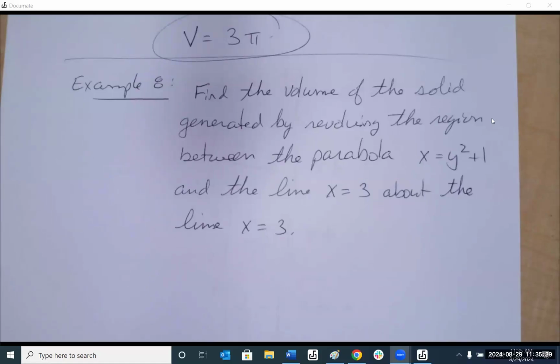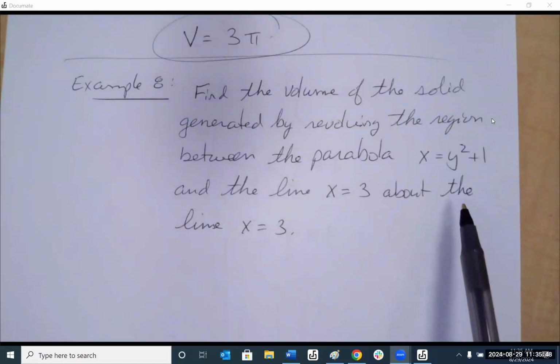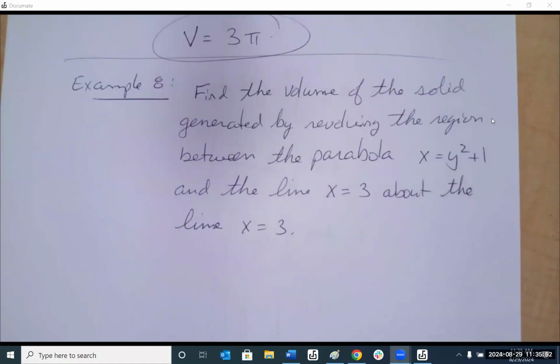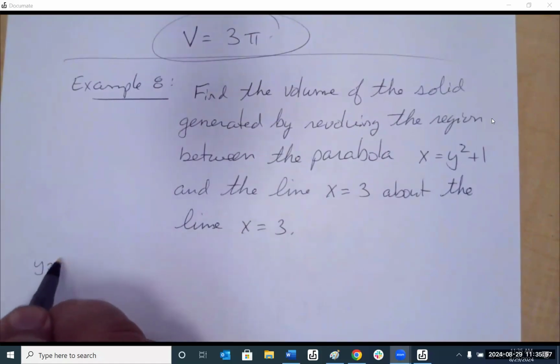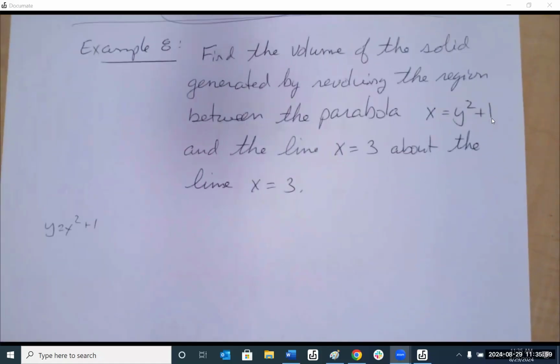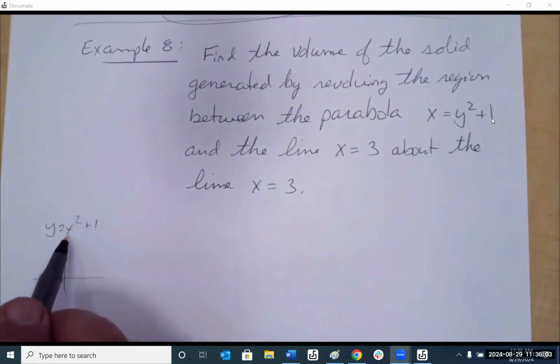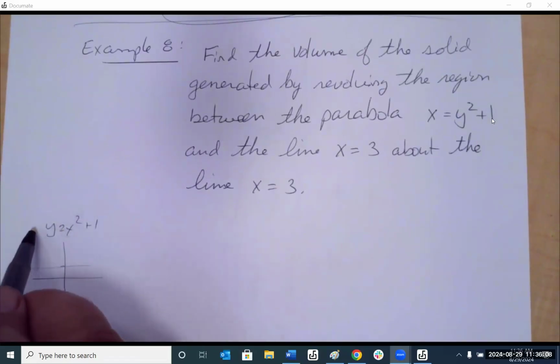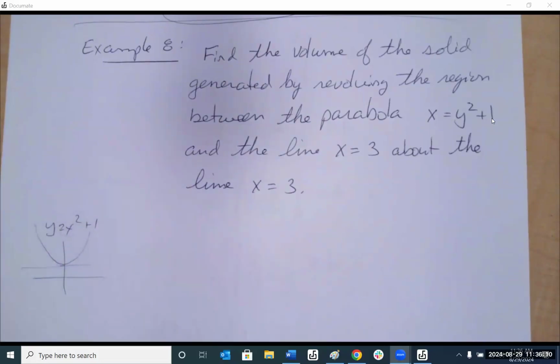Okay, so what do we do? What's our graph going to look like? The function is x equals y squared plus 1. If it was y equals x squared plus 1, what would it look like? It's a parabola up 1. So it looks like this.